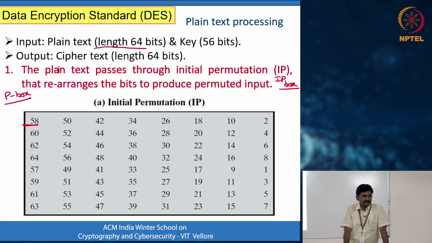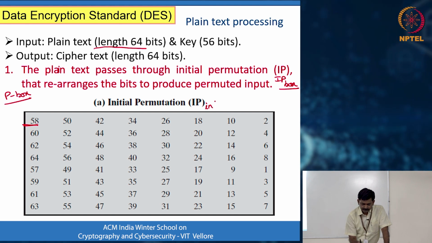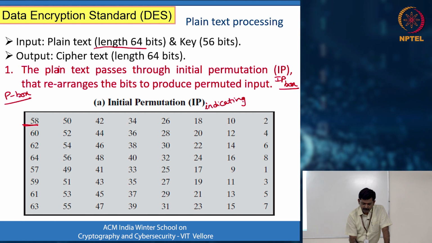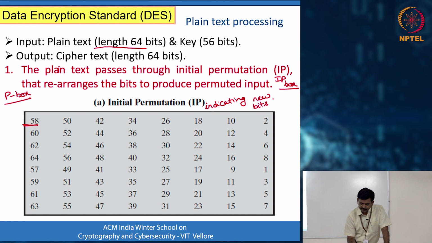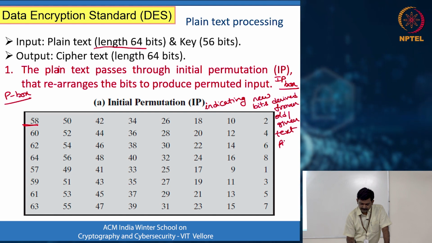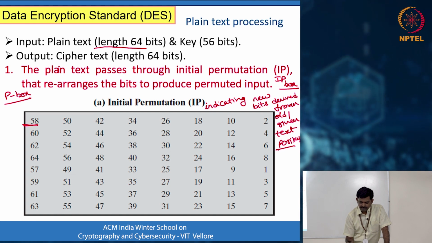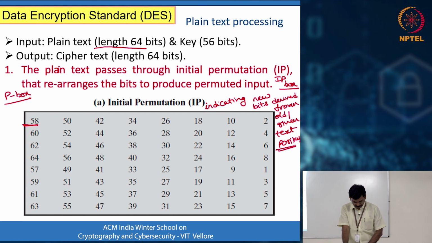Whatever is the 50th bit becomes your second bit. So these all indicate new bit positions, new bits derived from the old or given text positions. This is called the initial permutation.